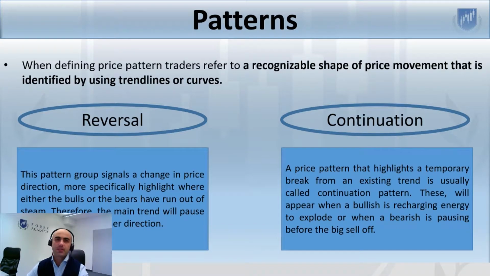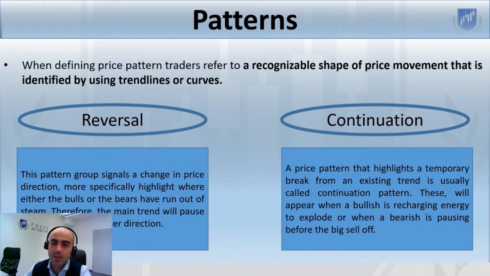This pattern group signals that there is going to be a change in market direction. Therefore, a bullish or bearish trend is running out of steam, and the main trend direction will pause before changing direction.